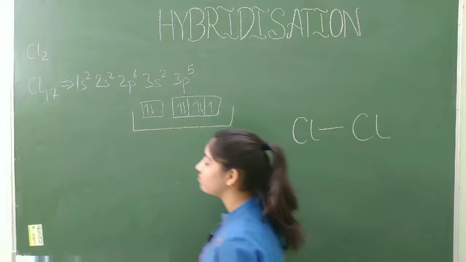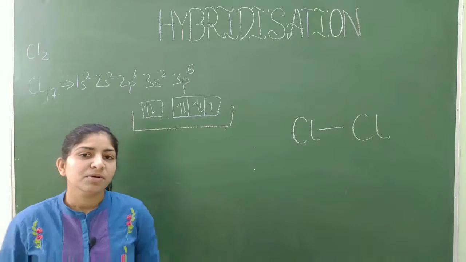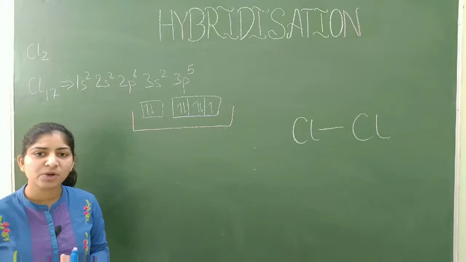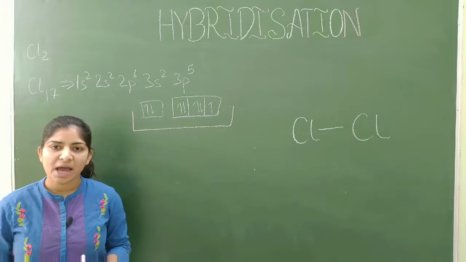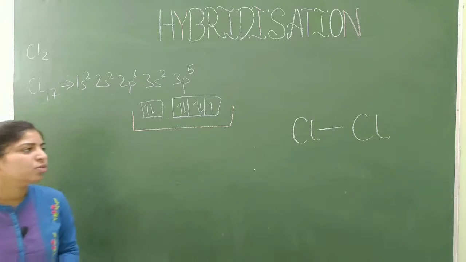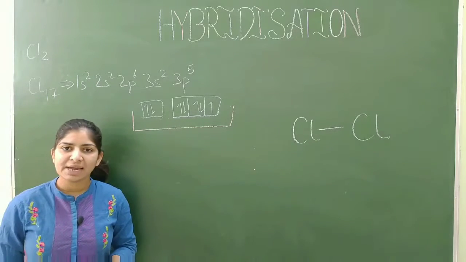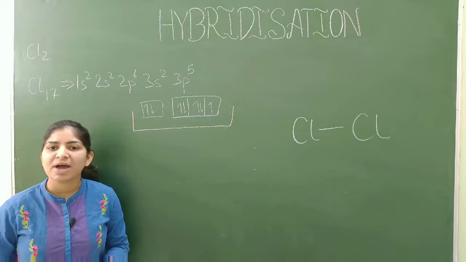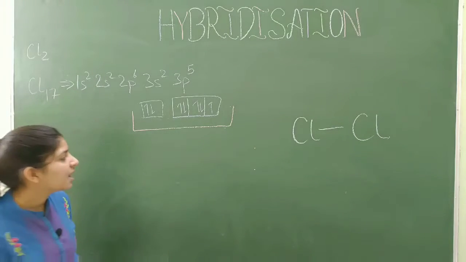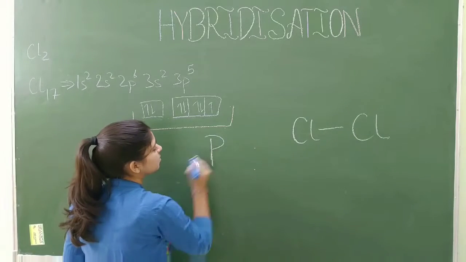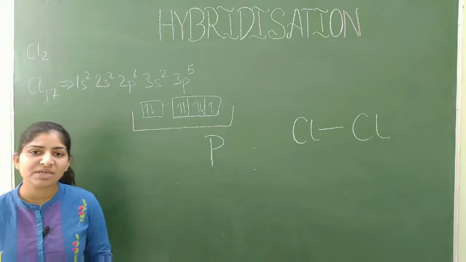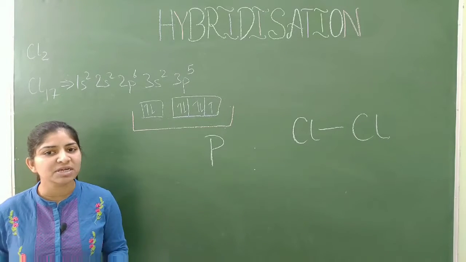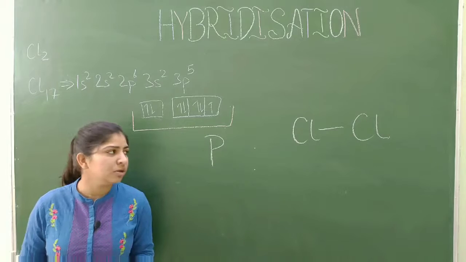And we have discussed that number of atomic orbitals mixed is equal to total number of hybrid orbitals. So here only one atomic orbital is combining, so total number of hybrid orbitals is 1, and that is p. But till now we have discussed sp, sp2 and sp3 hybridization. We haven't discussed p hybridization.